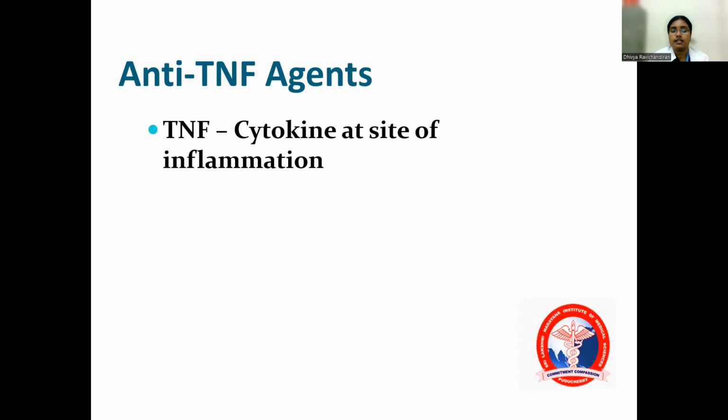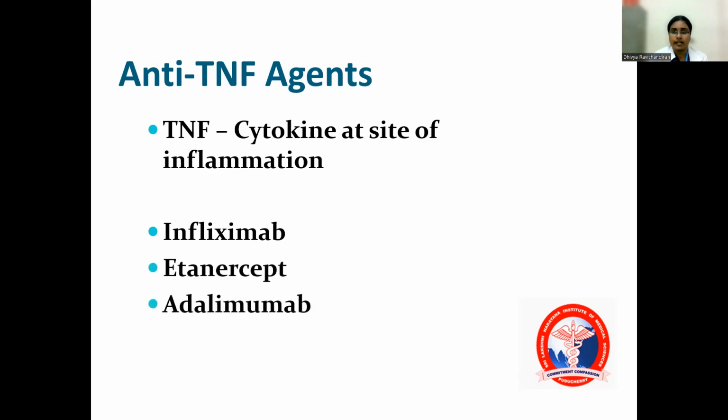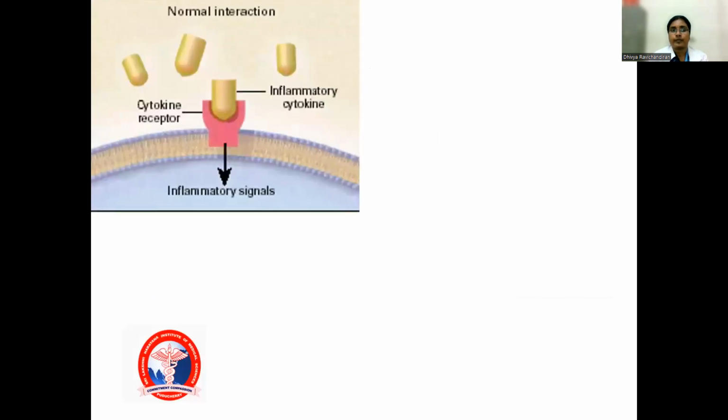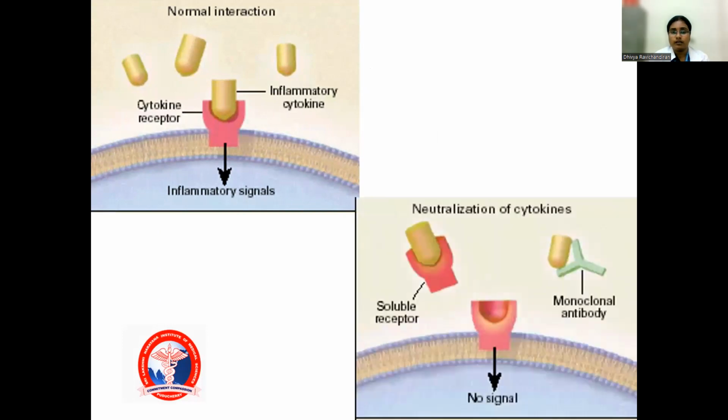Anti-TNF agents: tumor necrosis factor releases cytokines at the site of inflammation. Some of the anti-TNF agents are infliximab, etanercept, and adalimumab. In the normal inflammatory signal, the inflammatory cytokines go and occupy the cytokine receptor, and inflammatory signals are given.